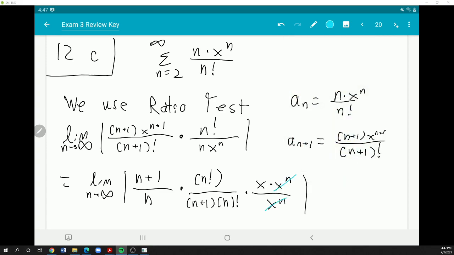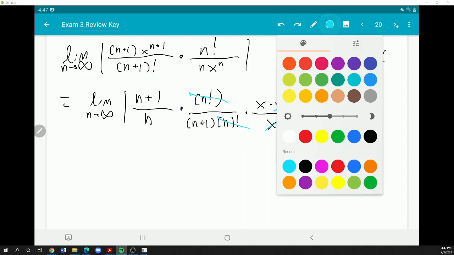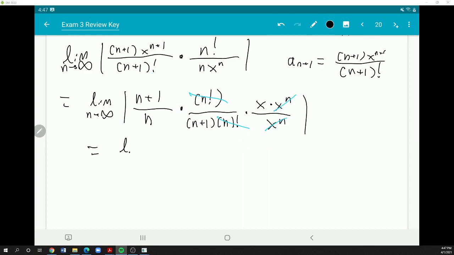Magical cancellation land. This is like Christmas, where you get to cancel a whole bunch of stuff. This thing here, the limit's going to go to 1. So this is the limit as n goes to infinity of x over n+1.